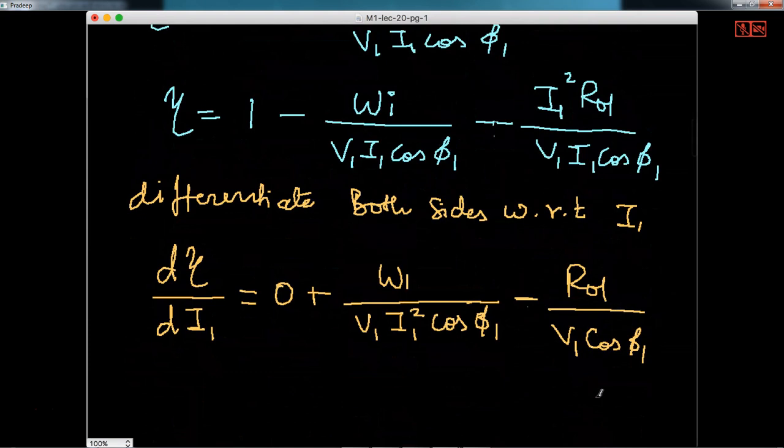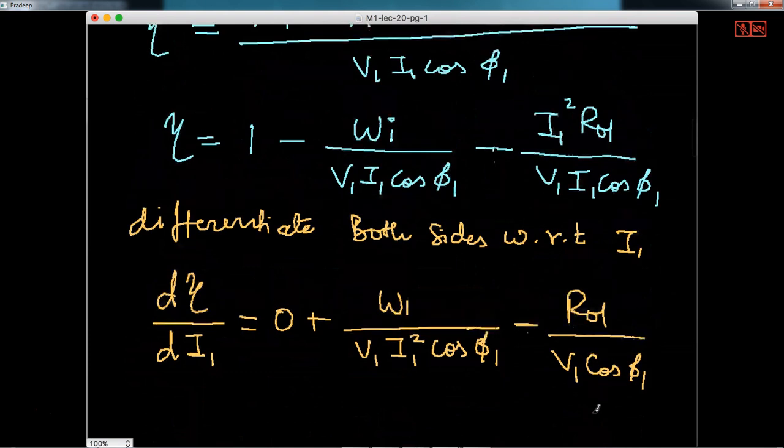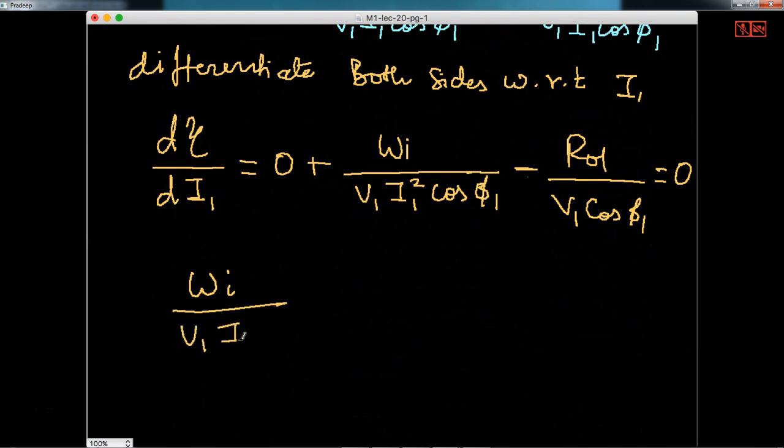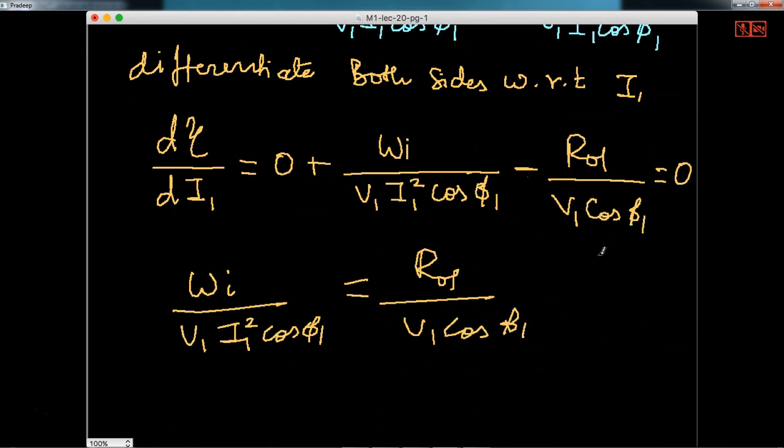Now this whole differentiation should equate to 0. So from this I'll say Wi by V1 I1 square cos phi 1 should be equal to R naught 1 by V1 cos phi 1. So this is the condition for maximum efficiency.